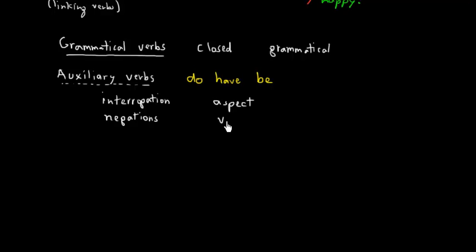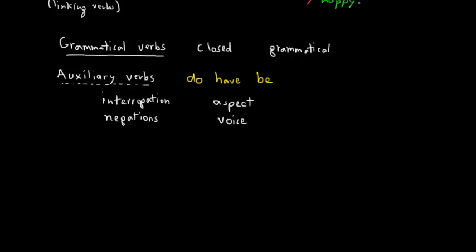And we use them for showing voice, particularly the passive voice. There are other ways besides using the auxiliaries to show interrogation and negation of a sentence or a clause, but the most common ones are to use the auxiliary verbs. And we can show all those different forms.